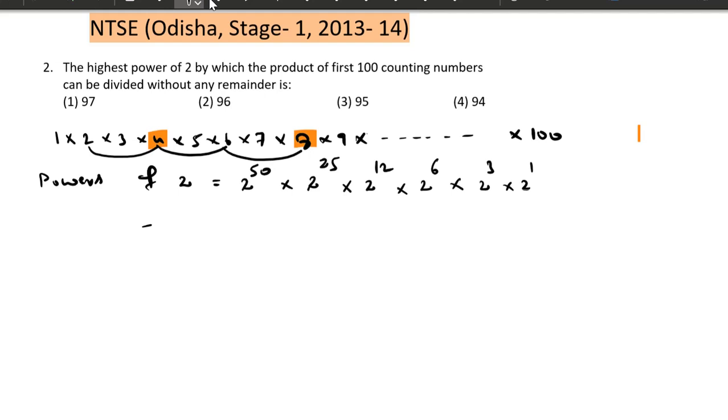Here 50 plus 25 plus 12 plus 6 plus 3 plus 1. We have to find the sum of all these exponents. That is the resultant answer. This sum is equal to 97. So the highest power of 2 is 2 power 97.